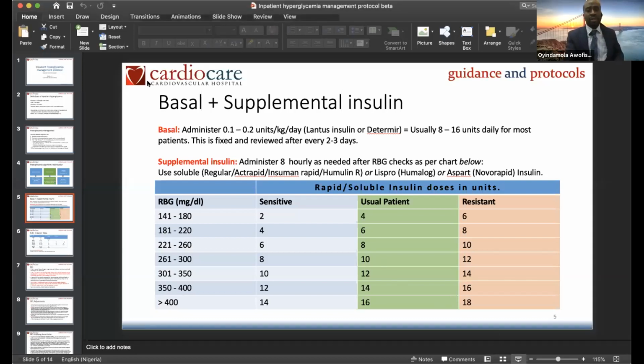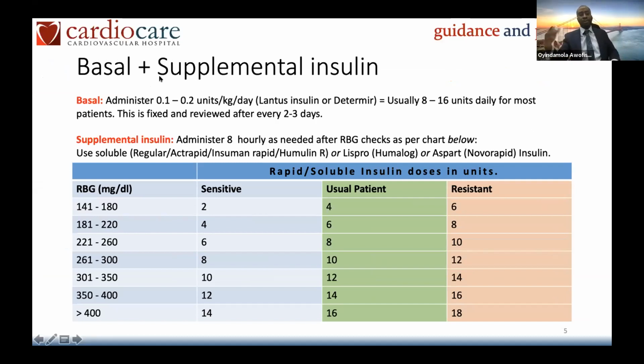Okay, so for the basal plus supplemental or basal plus correctional insulin regimen, we give a basal dose of insulin, usually between 0.1 and 0.2 units per kilogram of the basal insulin, which is often Lantus or Detemir. That is fixed and given constantly, and then we give supplemental insulins based on the blood glucose check.